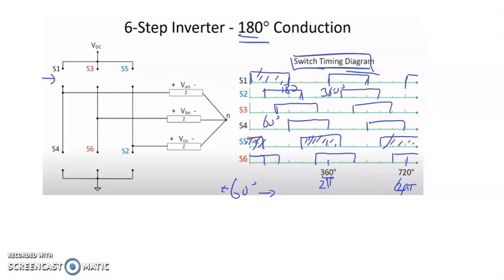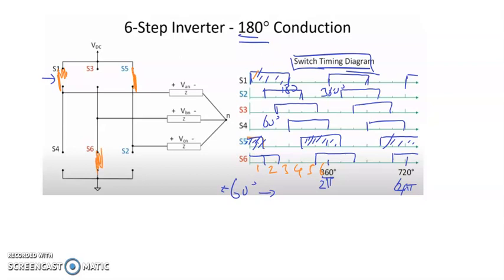Okay, it means that we have a sequence of modes 1, 2, 3, 4, 5, 6. So for mode 1, we can see from here that the switching branches are 1, 5 and 6. So 1, 5 and 6 are on.